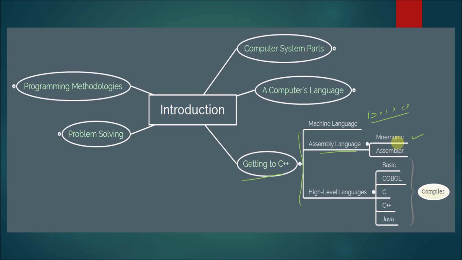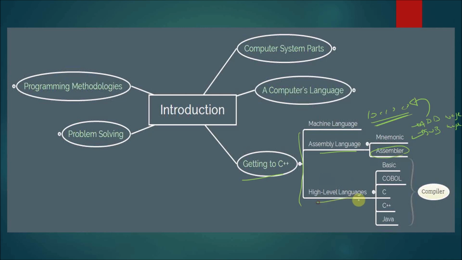Mnemonics are basically instructions that are easy to remember, such as add or subtract. When we use these types of mnemonics, however, we still need what's known as an assembler to translate them back into the ones and zeros that our computer understands.